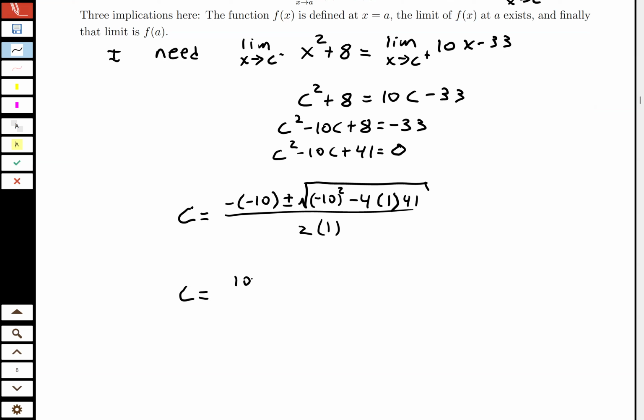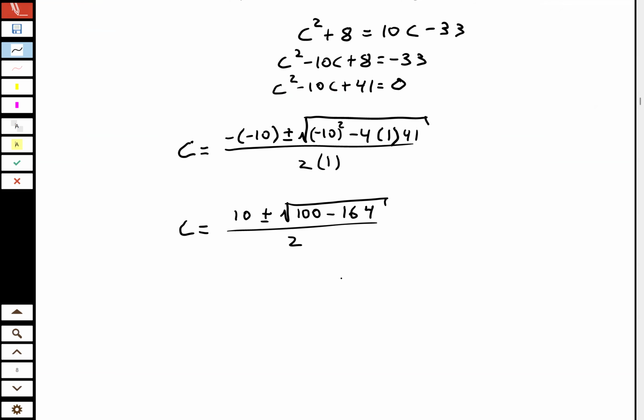Negative negative makes that a positive. 10 squared is 100. Minus 4 times 41 is 164. All over 2.